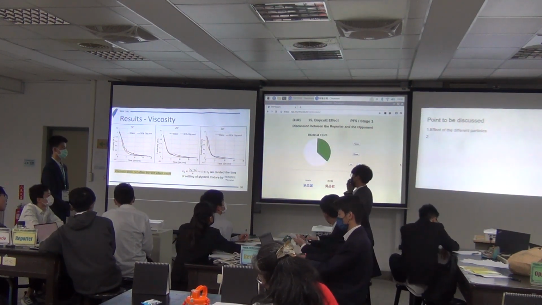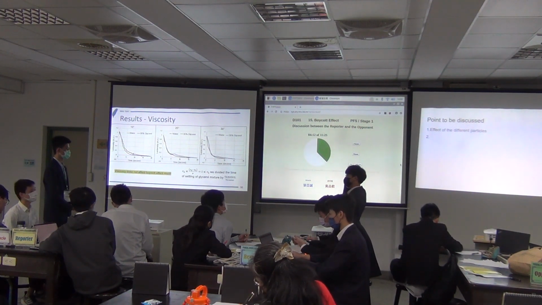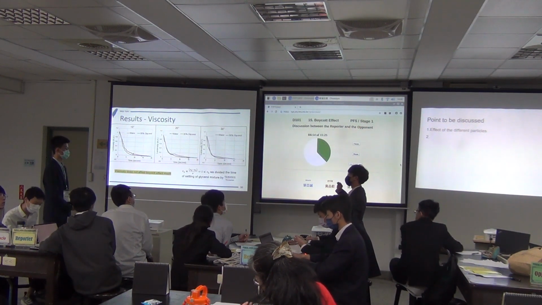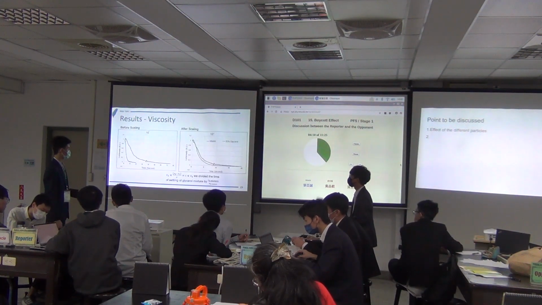Okay. You can have a lot of ways to get the particles even, right? Is there any purpose of doing it that way? It makes our experiment easier.